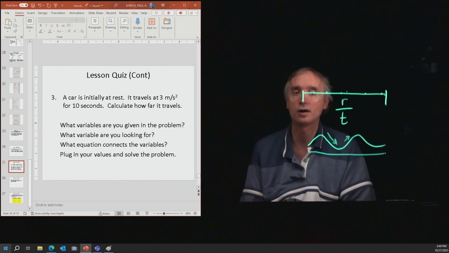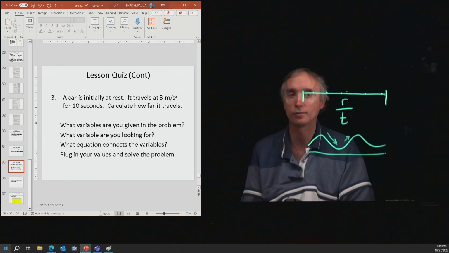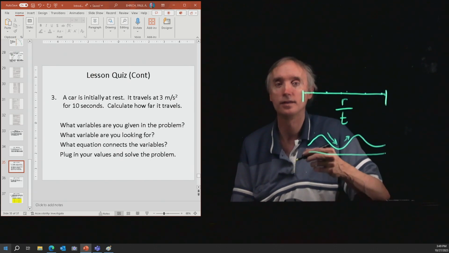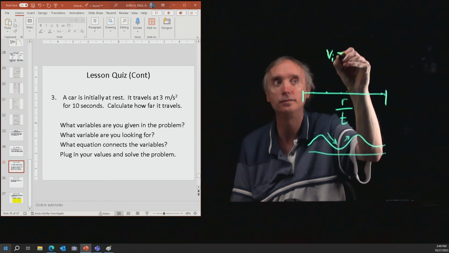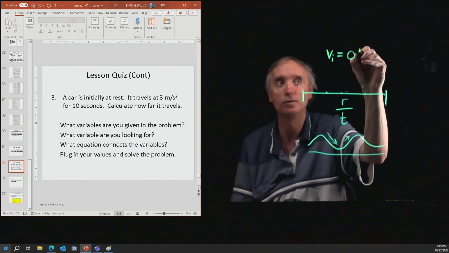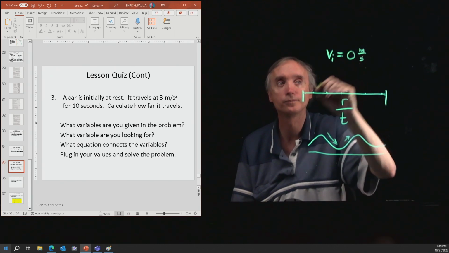Question number 3. A car is initially at rest. It travels at 3 meters per second squared for 10 seconds. Calculate how far it travels. So what variables are given in the problem? So we were told that it is initially at rest. So that means that v sub i is equal to 0 meters per second.